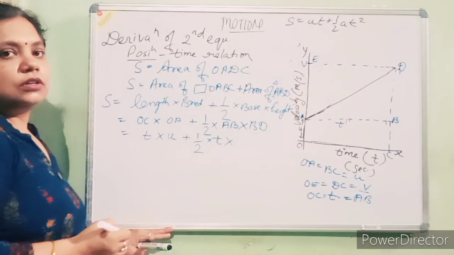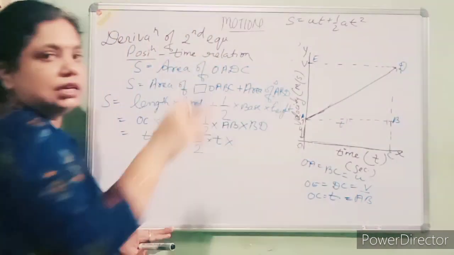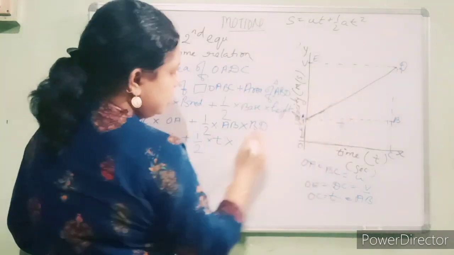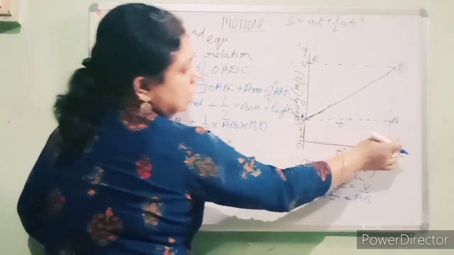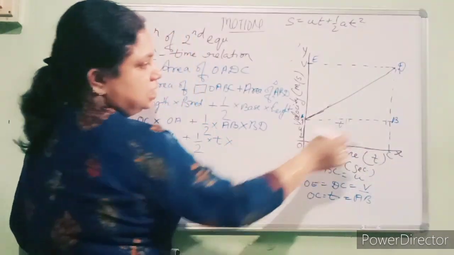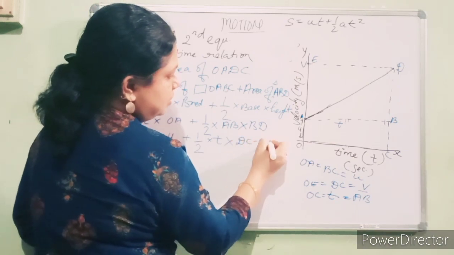And what is the value of BD? We already found it in the first equation of motion. BD is DC minus BC.